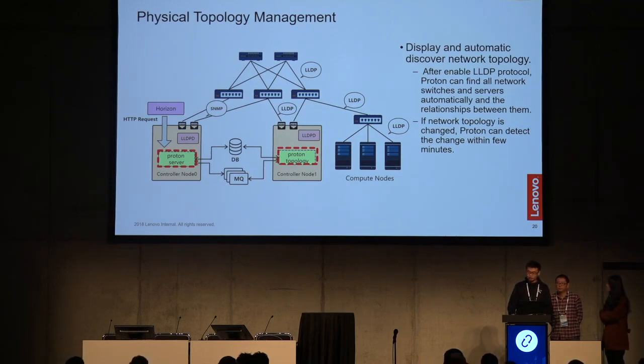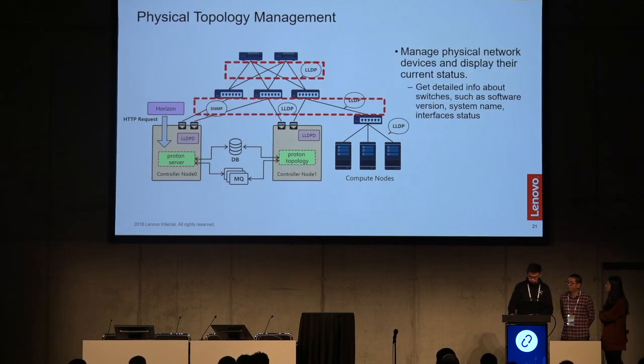At the beginning, the topology process will scan all the IP addresses which we set before. After scanning, we can get the active IP addresses next. We can connect to them and get LLDP information by the SNMP protocol. Additionally, if the network topology is changed, this project can detect the change within a few minutes. How does this project work?